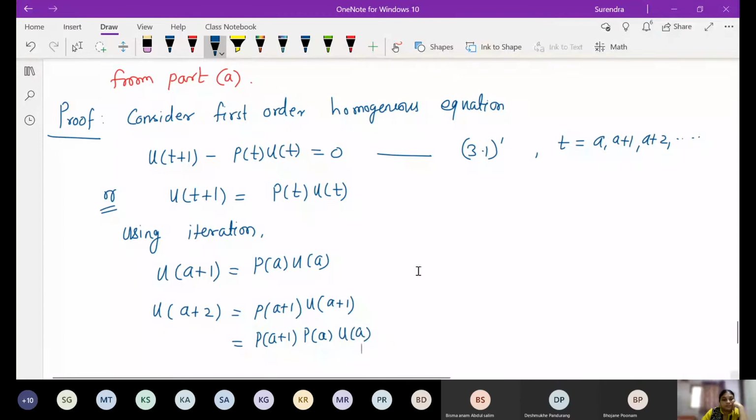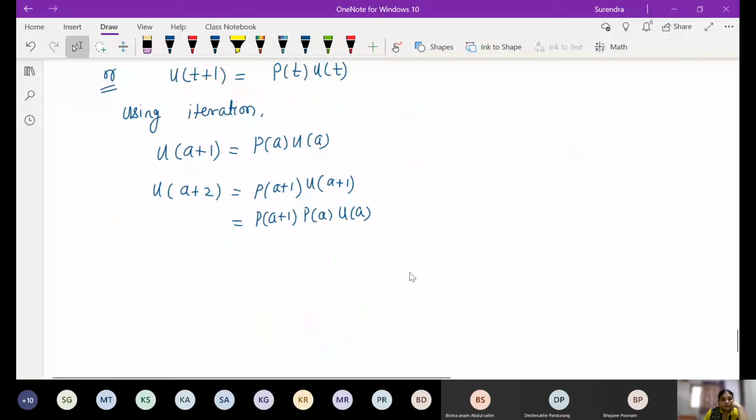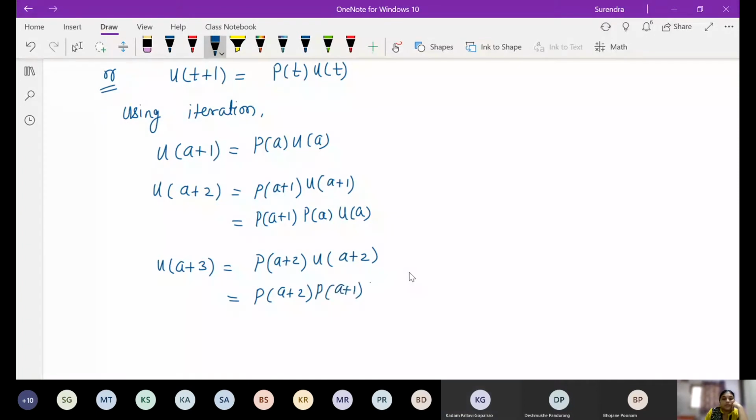Similarly, what is u at a plus 3? It is p at a plus 2 into u at a plus 2, and u at a plus 2 is from here. It will be p at a plus 2, p at a plus 1, p at a into u at a.